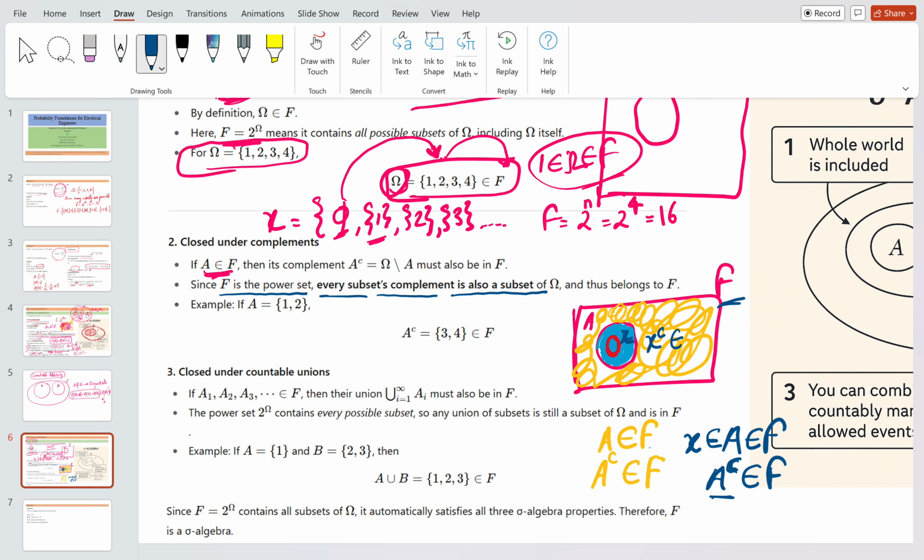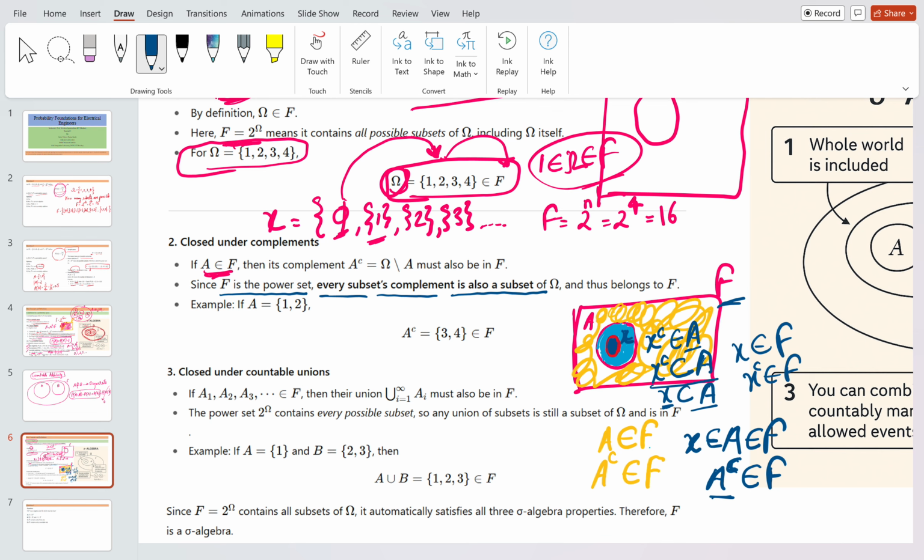X complement will also be a subset of A, because this is X. So X complement is a subset of A, and X is also a subset of A. So this X belongs to F, and X complement also belongs to F. That is the main point to be understood.